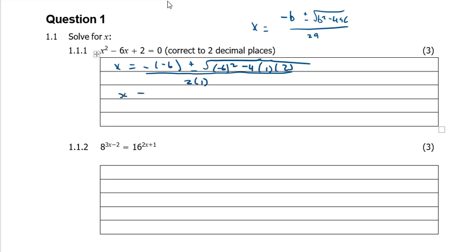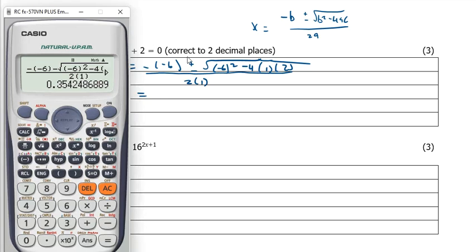Alright, so if you go to your calculator, simplify. Okay, let me start this from scratch.